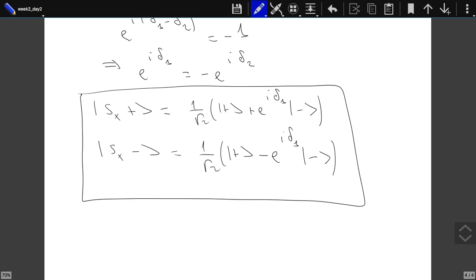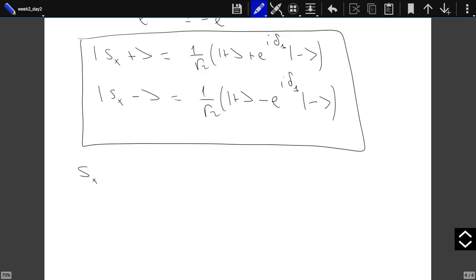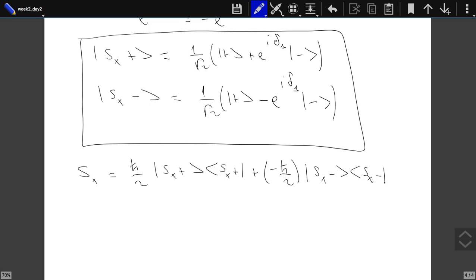We can write the matrix corresponding to the x component of the spin. So if we just write it, the operator corresponding to Sx is nothing but h bar over 2 |Sx+><Sx+| plus minus h bar over 2 |Sx-><Sx-|.